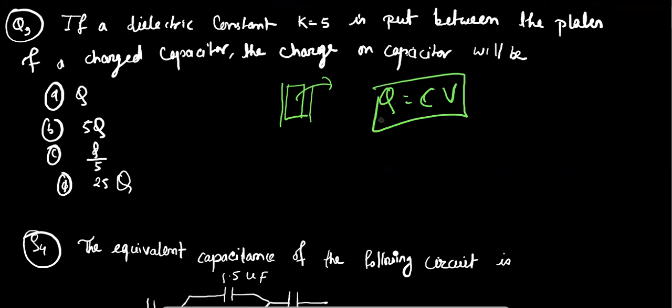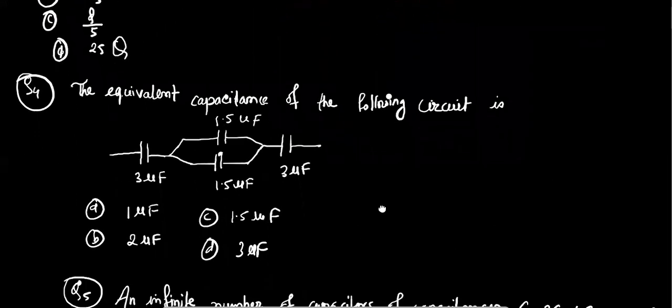Which means the amount of charge only depends upon the capacitor and the potential difference between the two plates of the capacitor. So we can easily write the answer is Q. That means the amount of charge remains as it is.